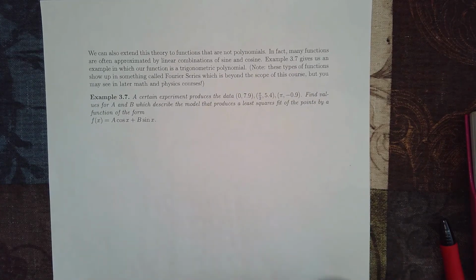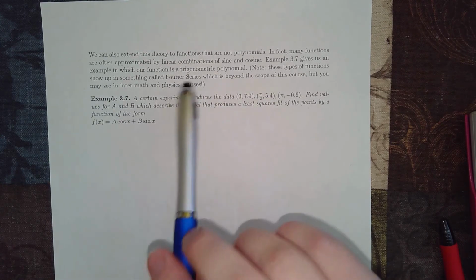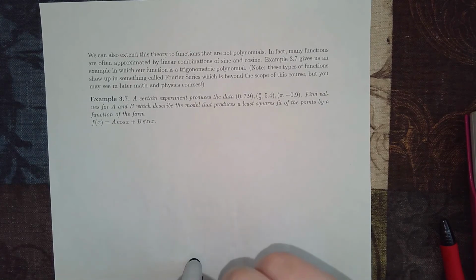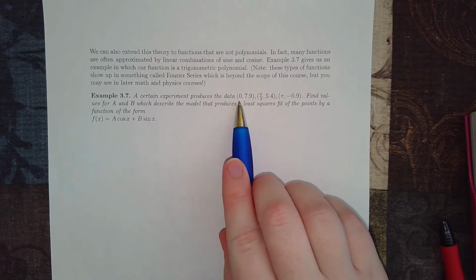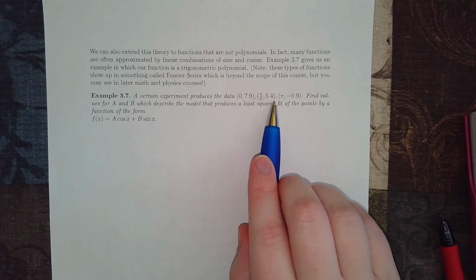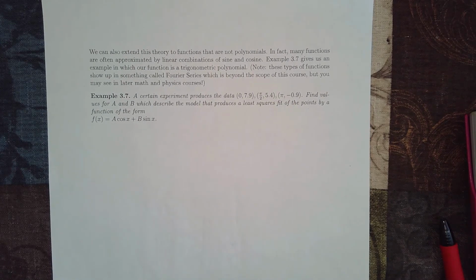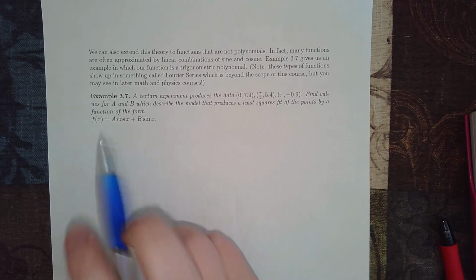So these give us examples in which our function is a trigonometric polynomial, which show up in something called Fourier series, which is way beyond what we're going to be doing in this class, but maybe you might see it in a physics course. So a certain experiment is going to produce the data 0, 7.9, pi over 2, 5.4, and pi, negative 0.9. We want to find values for A and B that describe the model that produces a least squares fit of the points by a function of this form.